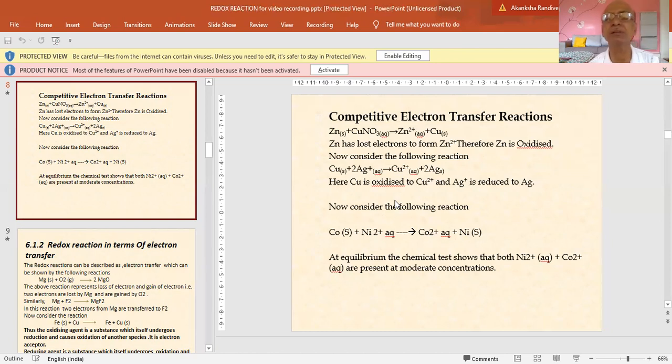Now consider another reaction. Cu plus 2Ag plus gives Cu2 plus plus 2Ag.